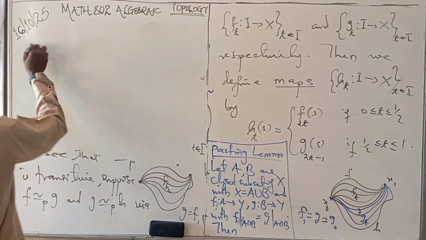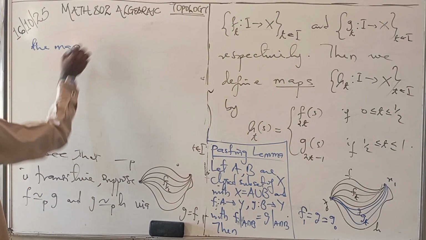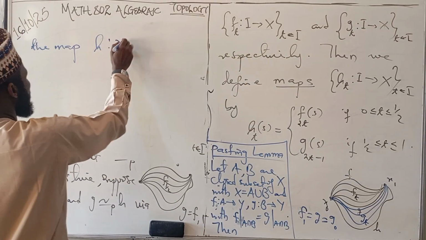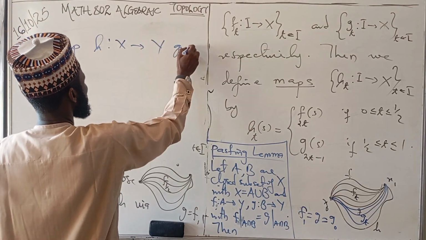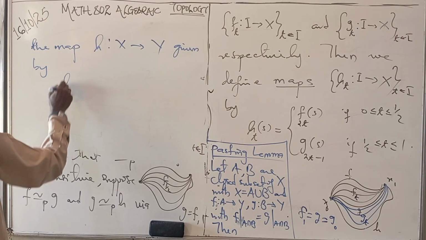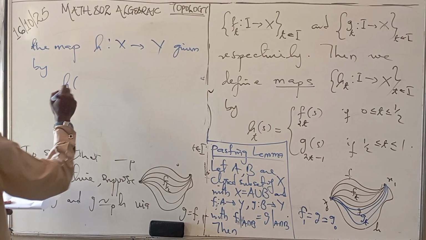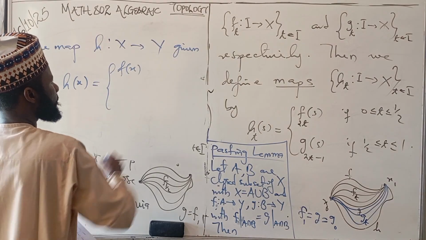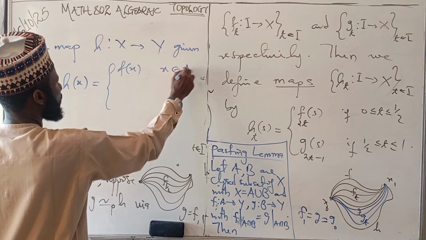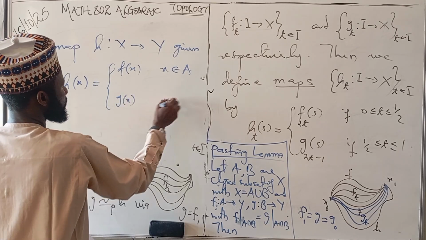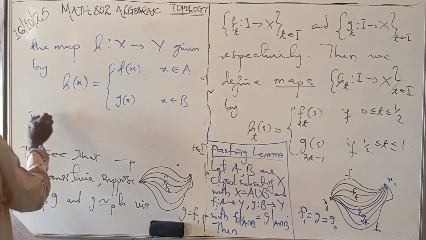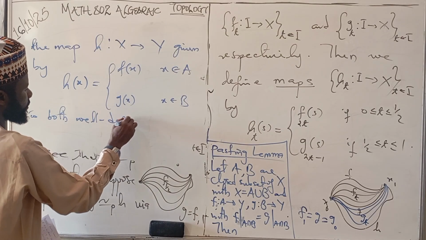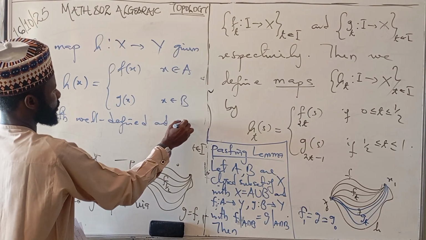So then, the mapping H from X to Y given by H of X is equal to F of X for X in A and G of X for X in B is both well defined and continuous.